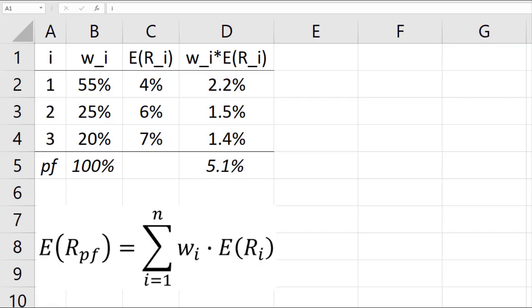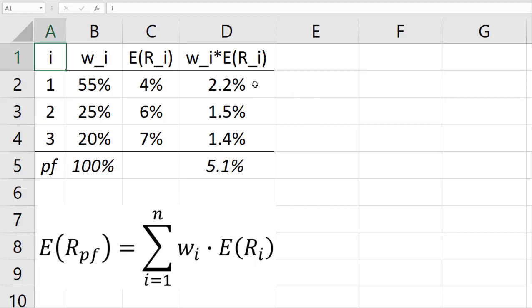For the example, I used Excel to calculate the expected return. You can see the same example here in this Excel sheet. Here the portfolio weights, the expected returns.